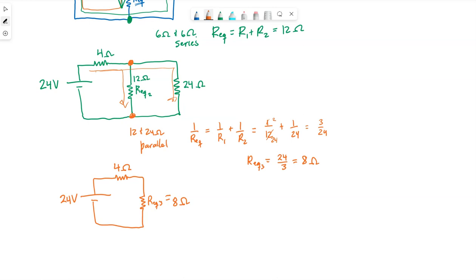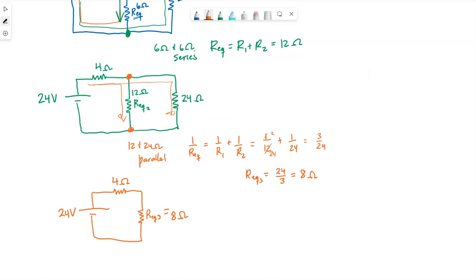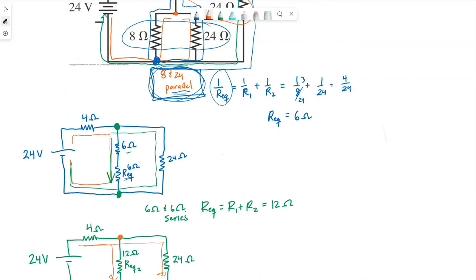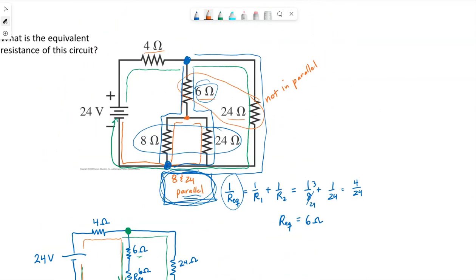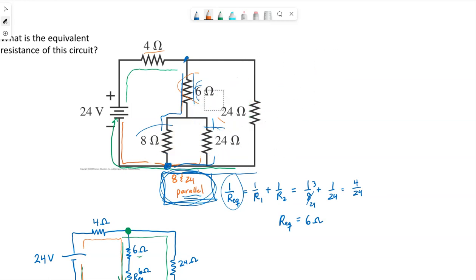So in that messy original circuit, which I'm going to scroll up to for just a second, I'll come back here. I erase all the writing here.